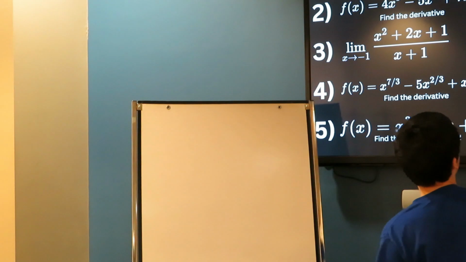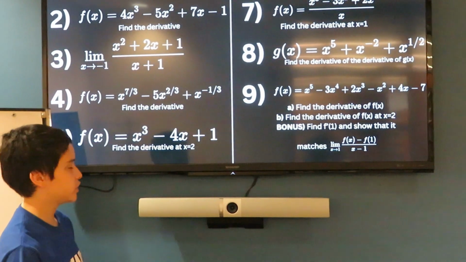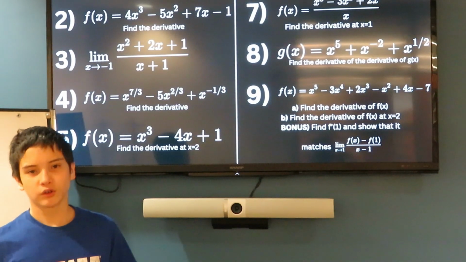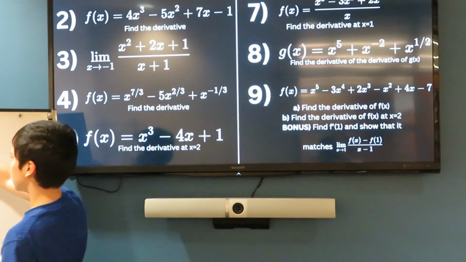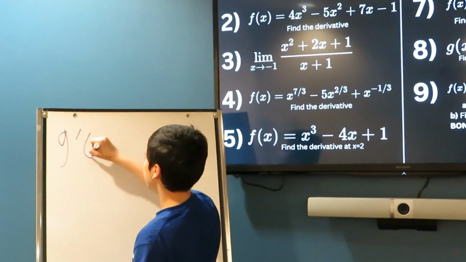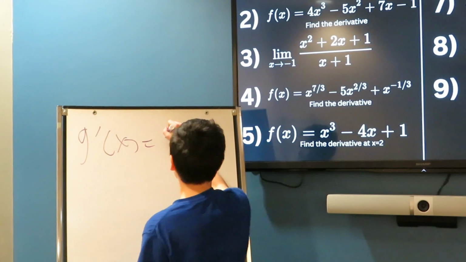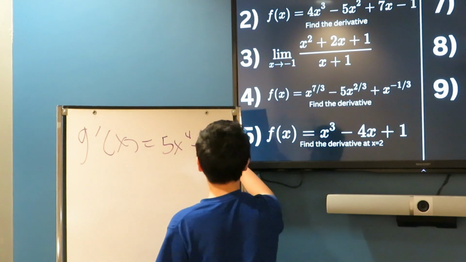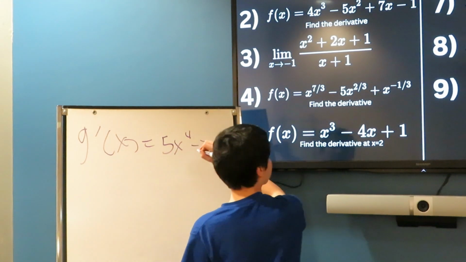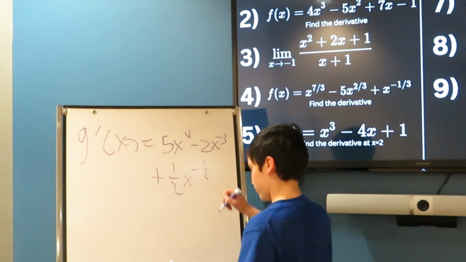Now let's do number 8. We're asked to find the second derivative of g of x. So the way we do this is we just take the derivative twice. So we have g prime of x equals, I'll just use the power rule, 5x to the 4th minus 2x to the negative third plus half x to the negative half.